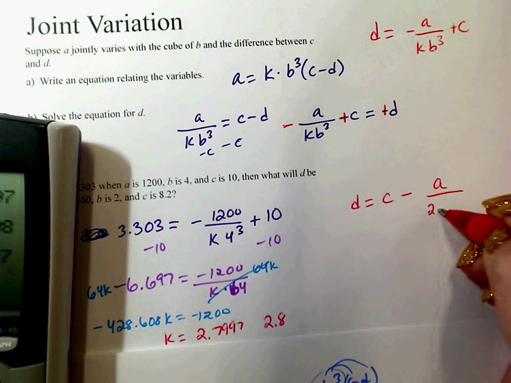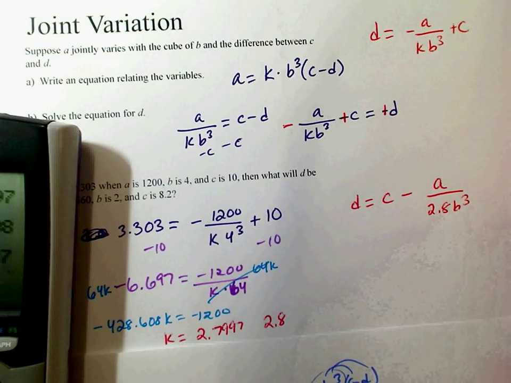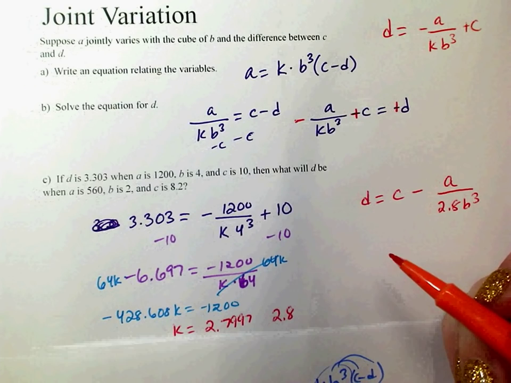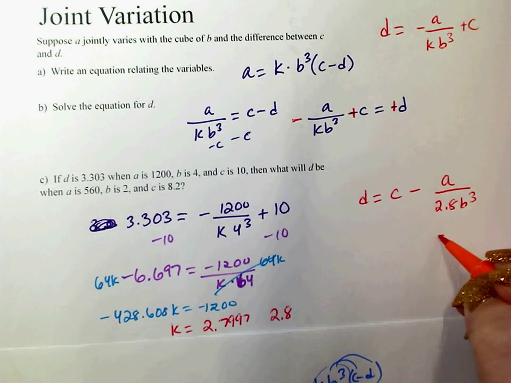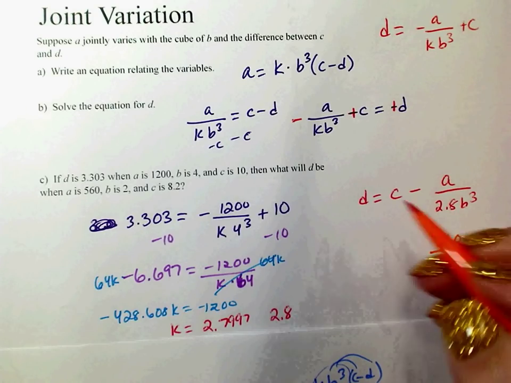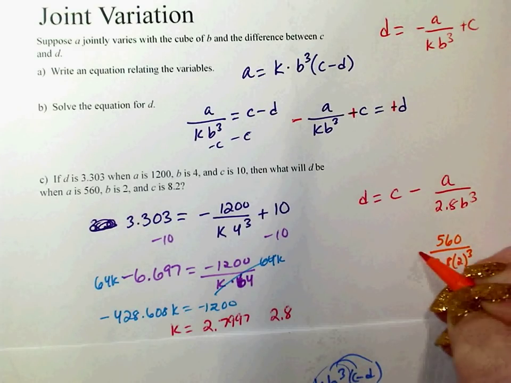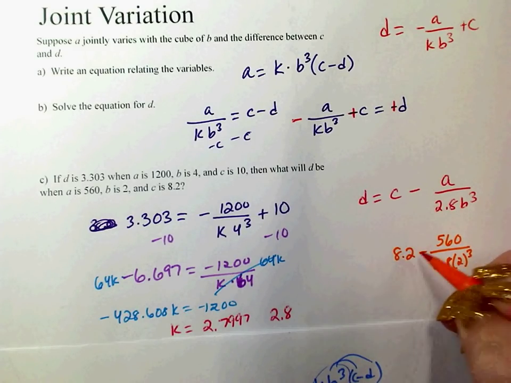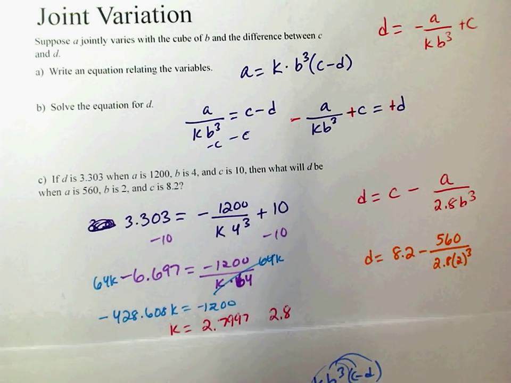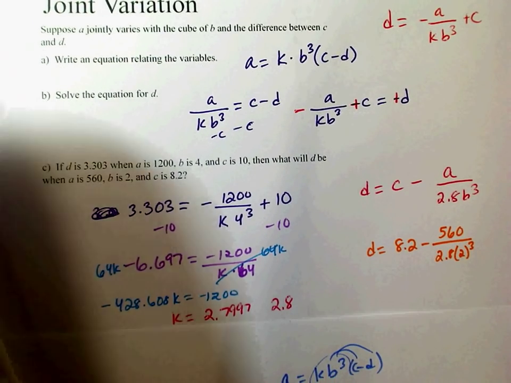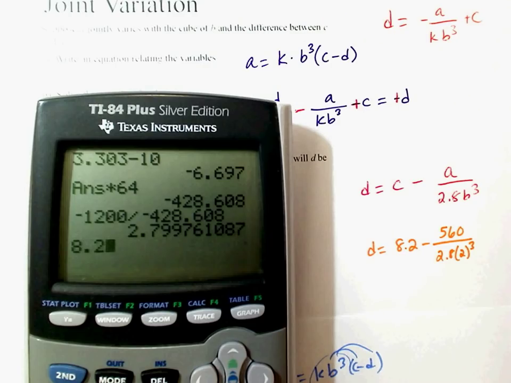So then the question is, what will D be if A is 560, B is 2, and C is 8.2? And so then we just type it in: 8.2 minus 560 divided by 2.8 times 8. And that is negative 16.8.